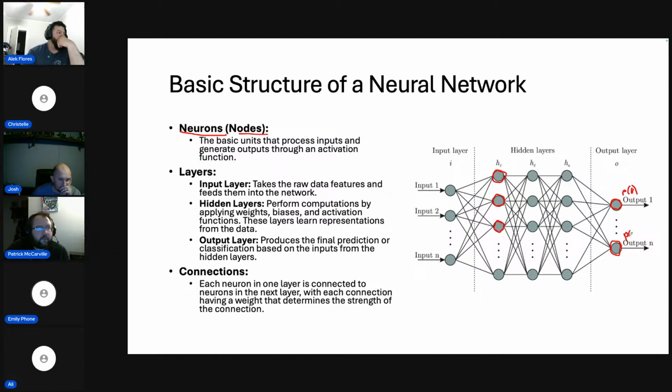Perhaps we're asking it to tell us if this email is spam or not. So what is the probability that it's spam? Maybe 0.7. What's the probability that it's not spam? Maybe 0.3. And what's the information that we pass to that neural network?